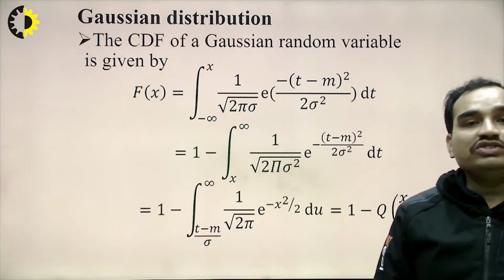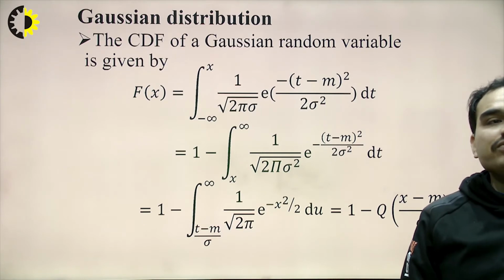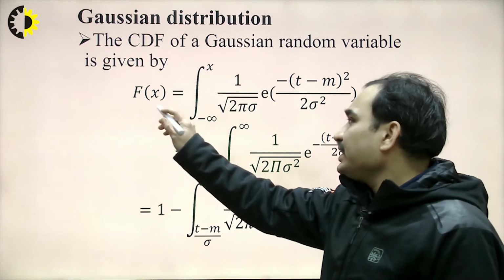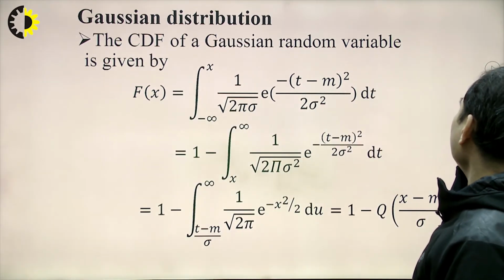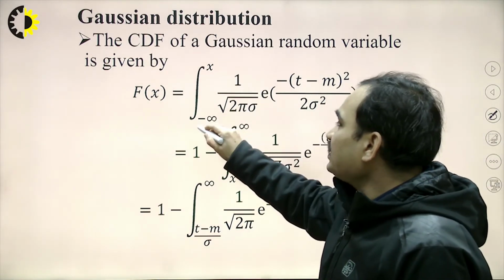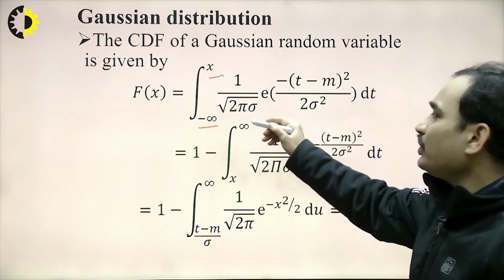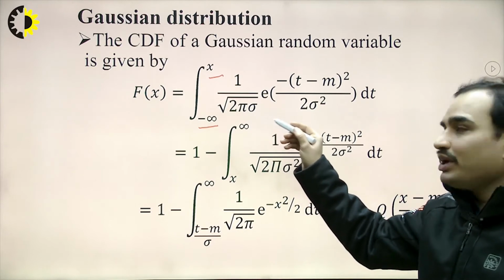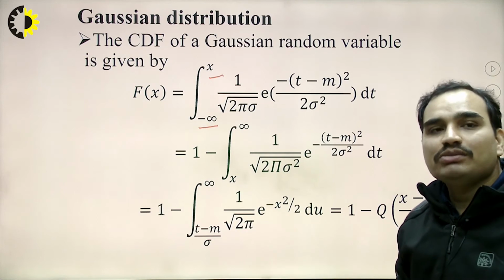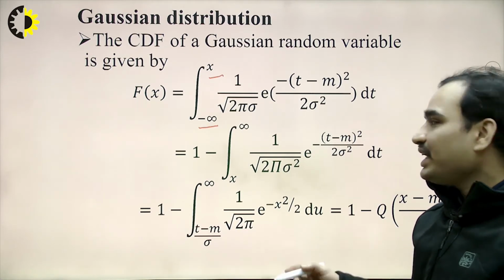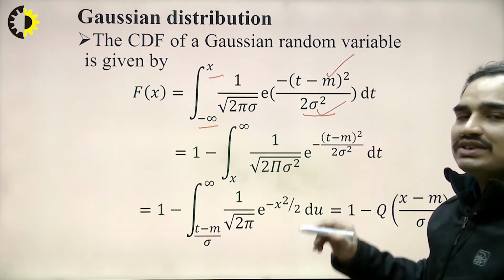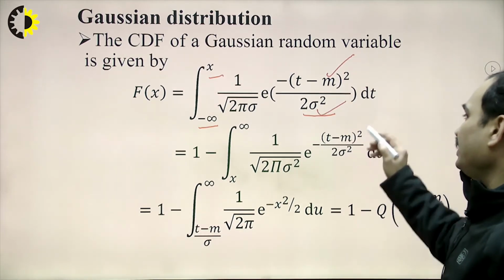The CDF of a Gaussian random variable is given by capital F of x, which is the integration from minus infinity to x of 1 upon root 2 pi sigma, exponential of minus t minus m, whole square by 2 sigma square, dt, where we have interchanged the variable to t, m is the mean and sigma is the standard deviation.